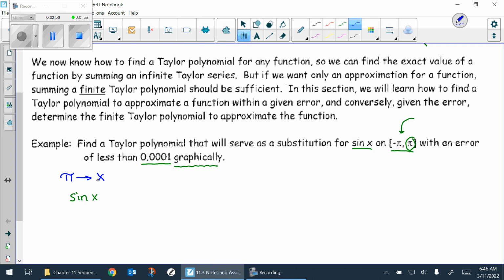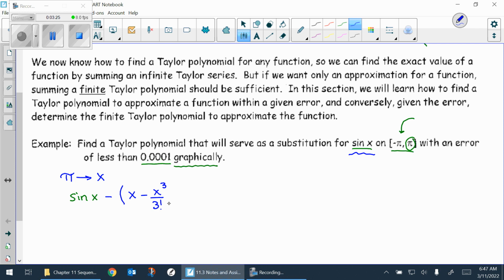Now the x memory location on the calculator contains the value of pi. Then I'm going to say sine x minus my Taylor polynomial for sine, and the Taylor polynomial for sine is x minus x cubed over 3 factorial.